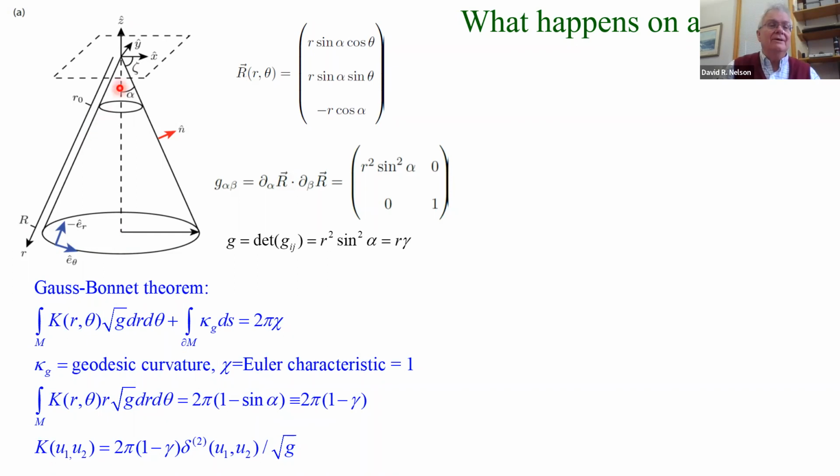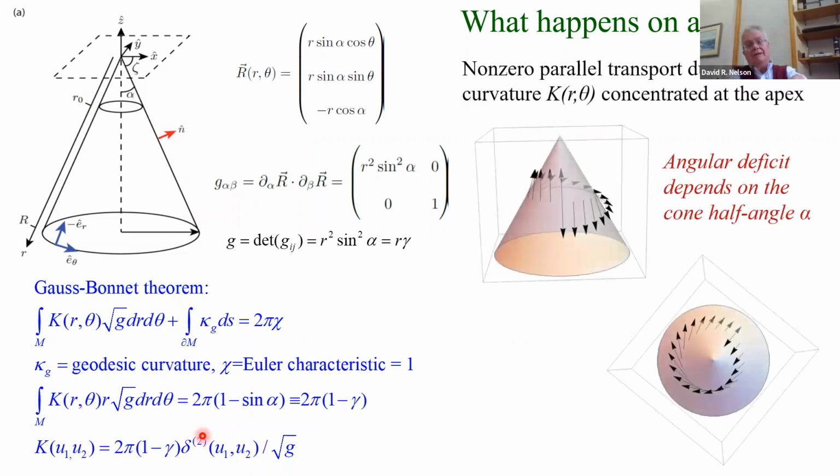And that's independent of how far down you are. If you just calculate this, you'll find that it's independent. It basically means there's a delta function up here, regardless of whether you're at R0 or capital R, etc. There's a delta function strength of Gaussian curvature. So in that sense, this is a kind of fundamental problem for frustration. It's almost the simplest thing you can have with a non-zero Gaussian curvature.